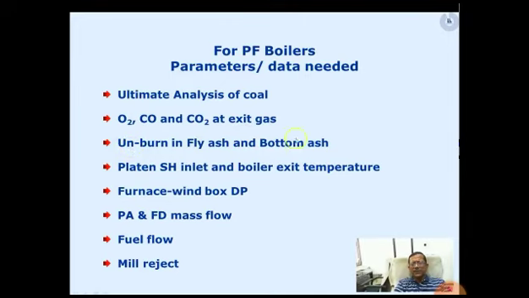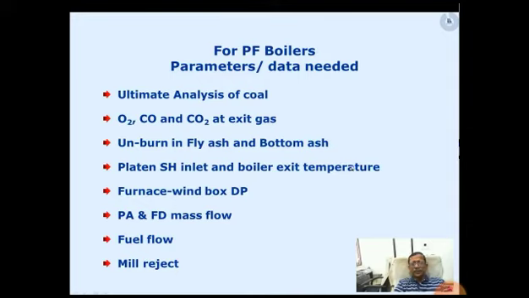The unburned in the fly ash and the bottom ash, to understand, or rather to optimize, the fuel size. The platen separator inlet temperature, that is to understand where the combustion is taking place, whether delayed combustion is there or not, and the boiler exit temperature, right?